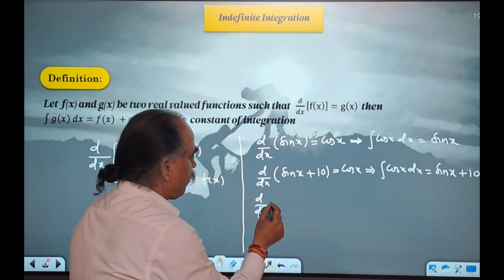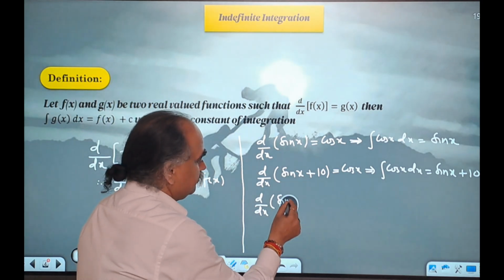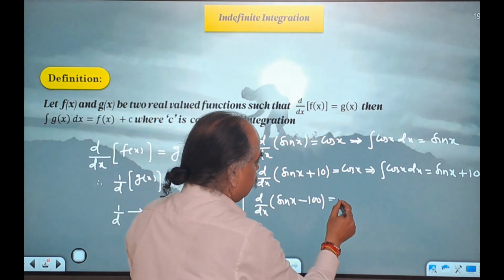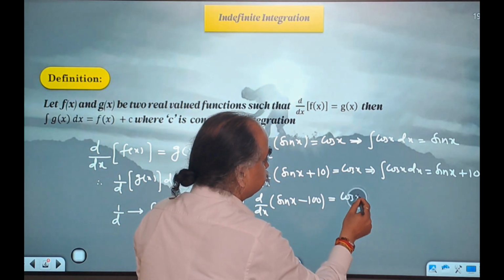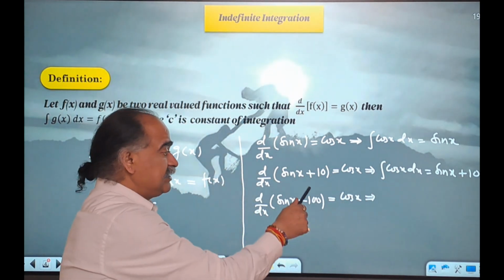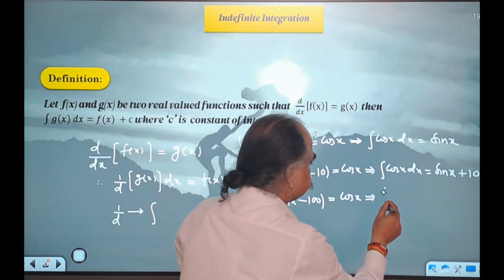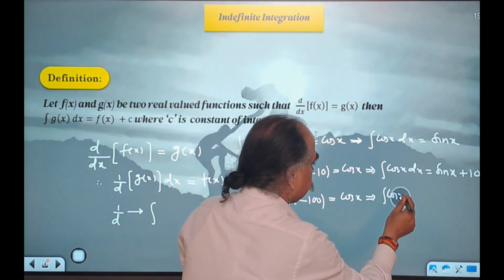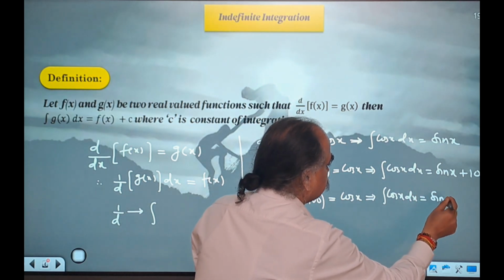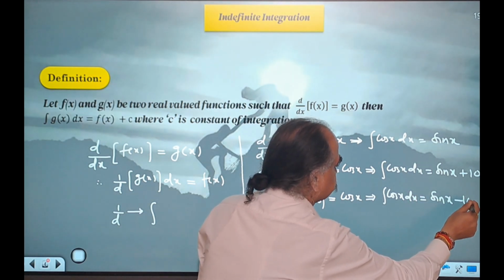Derivative of sin x minus 100 is again cos x. So this time integration of cos x with respect to x is sin x minus 100.